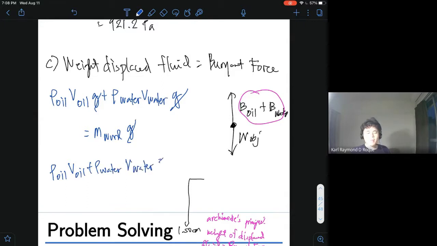Ano tong M wood? Density ng wood, volume ng wood. 'Di ba? Ano pa pwede natin tignan? That's all? Sige, let's start. 790 times V oil.